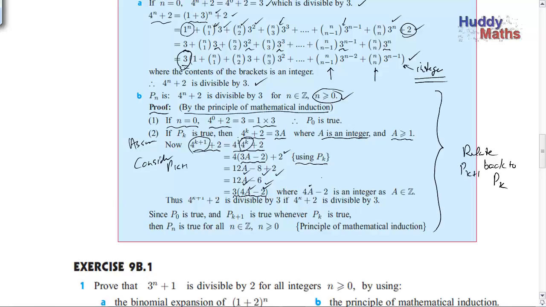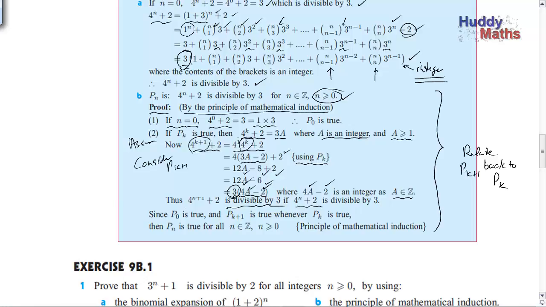Now 4a take 2 will be an integer, because a is an integer. So in other words, you've been able to show that proposition k plus 1 consists of an integer times 3, which is the definition of divisible by 3, as long as 4 to the k plus 2 is divisible by 3.